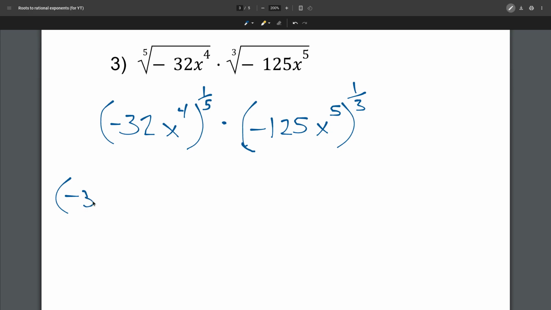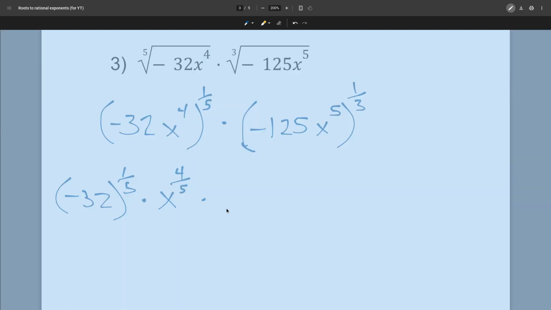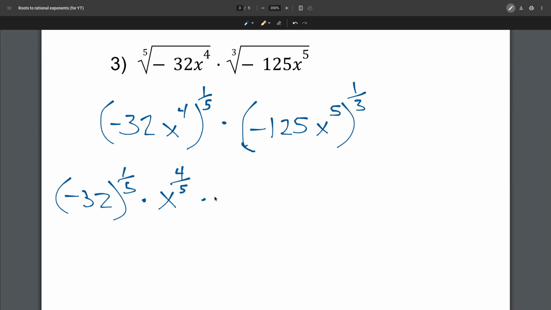So we have negative 32 to the 1/5 power times, now this is 4 times 1/5 is going to be 4/5, times negative 125 to the 1/3 power times, then it's going to be x to the 5/3 power.